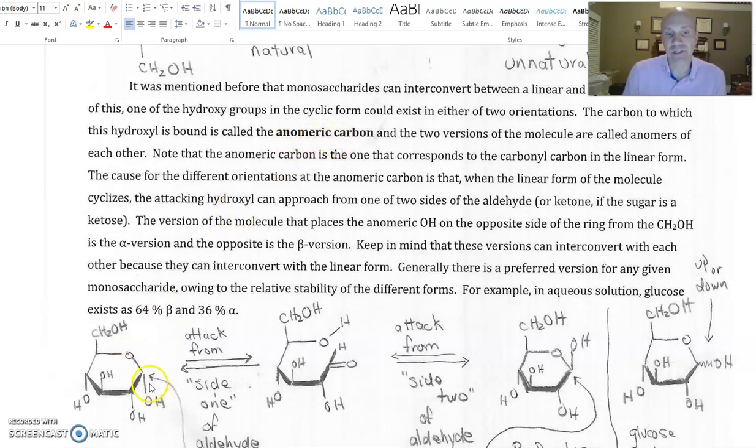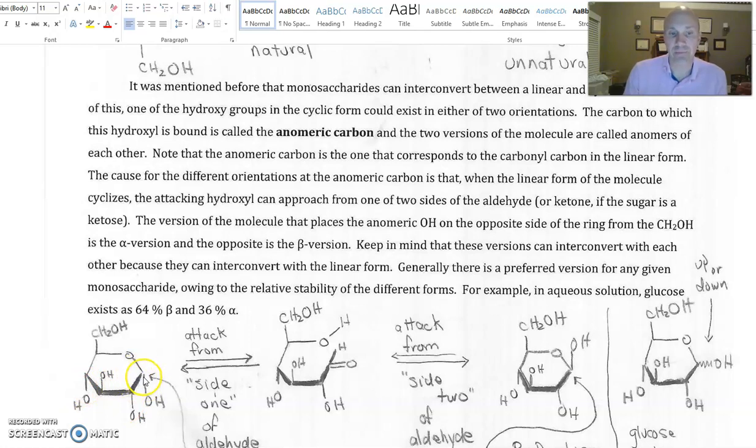The reason that it's called the anomeric carbon is that because of that, you either have glucose in this form or in this form right here, and the relationship between these types of molecules are considered anomers of each other. In an organic chemistry sense, you would say that these two are diastereomers of each other, because they're molecules that contain a bunch of chiral centers, and they're not mirror images of each other.